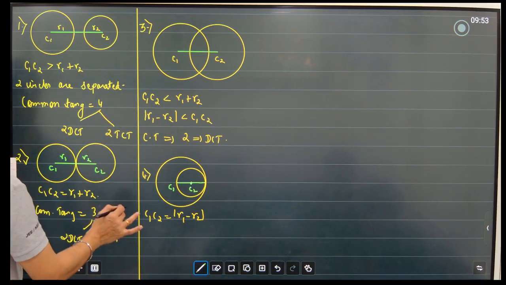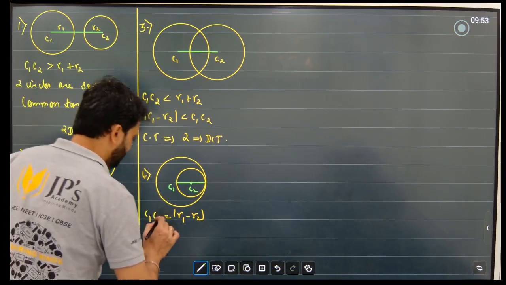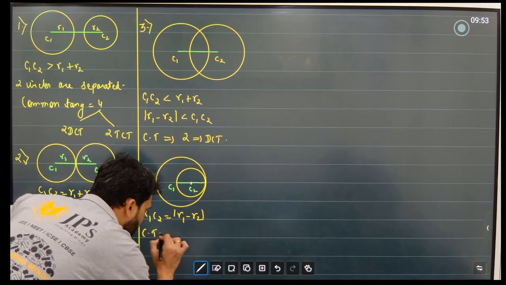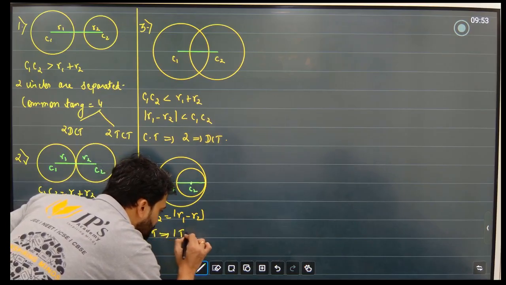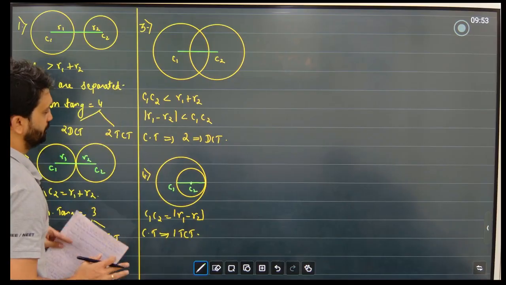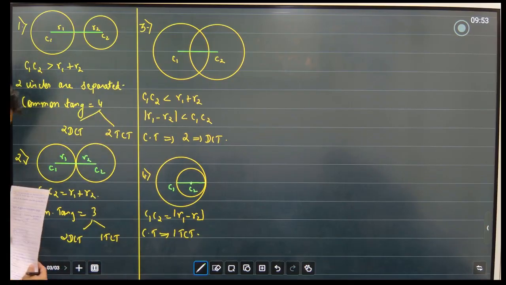Okay. The circles are touching internally, so for common tangents, there will be only one direct common tangent.